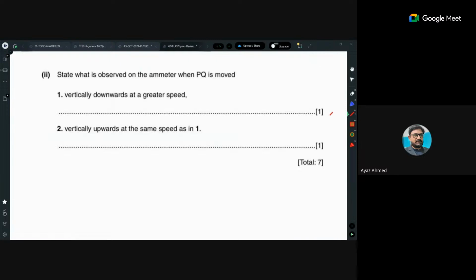State what is observed on the emitter when PQ is moved vertically downwards at greater speed, and vertically upward at the same speed as in one.